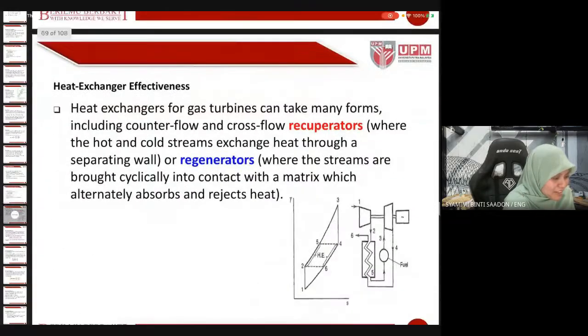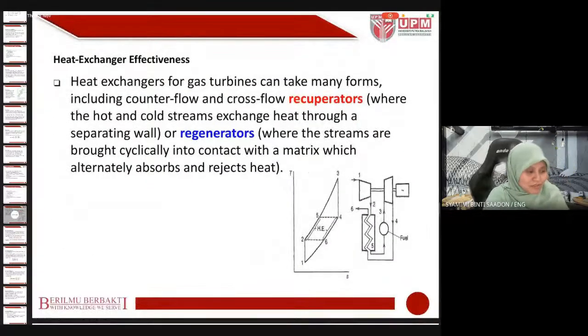Heat exchangers for gas turbines can take many forms. You can use a recuperator, where the hot and cold streams exchange heat through a separating wall, meaning we reuse the heat from the hot stream and give it to the cold stream.